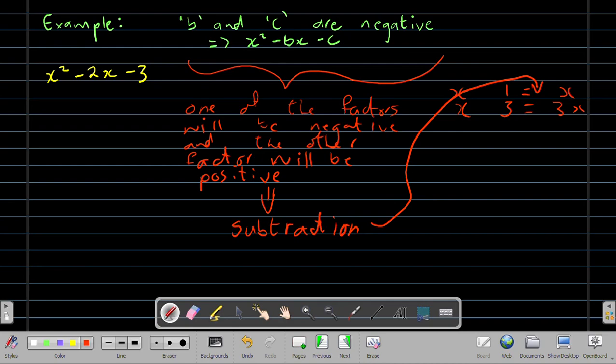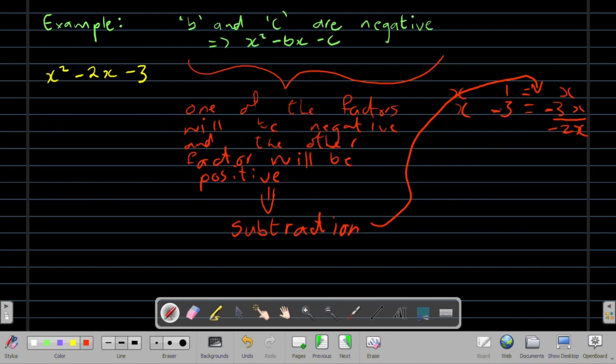If we're subtracting these two, in order to get a negative 2x, the larger number, which here is 3x, has to be the one that's negative, and the smaller number is going to be positive, so that when we subtract these, we end up with a negative answer. As long as the larger one is negative, we're always going to end up with a negative number.